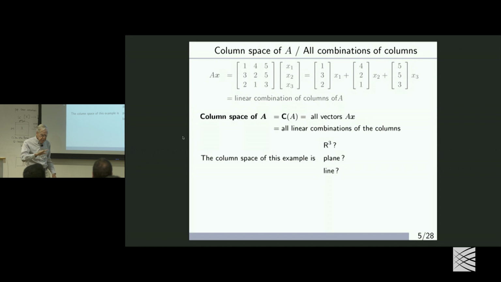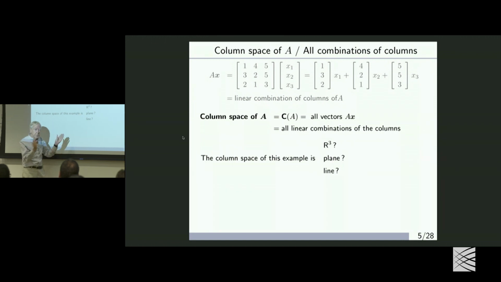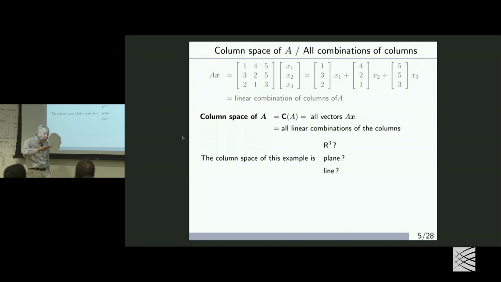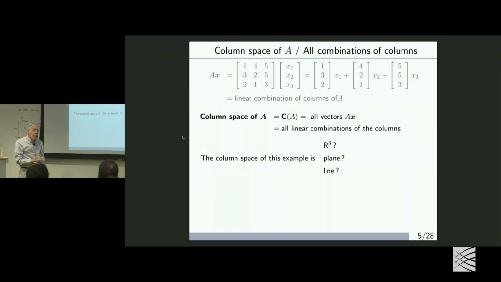Being linear algebra, that collection of points could be the whole space, which would be for an invertible matrix. It could be just a plane, because we won't get a curved surface out of taking all combinations. And what's the answer here? A plane, thanks. It's a plane.